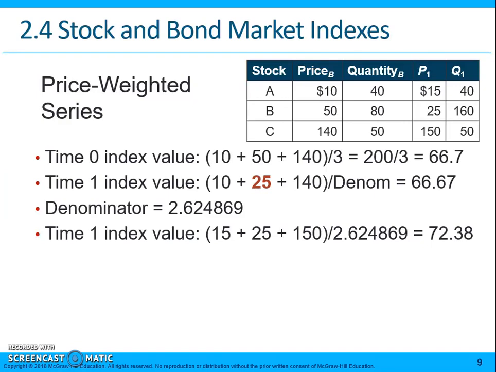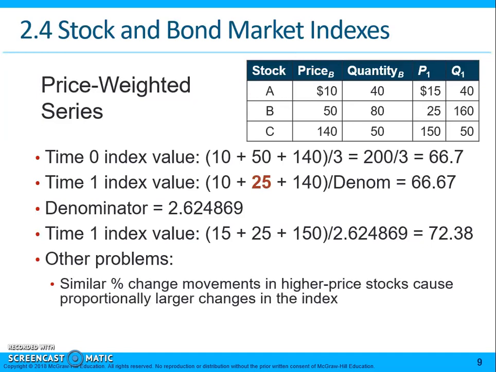These calculations are on your first homework, but there are problems with price-weighted indexes. If you have a higher price stock that goes up by a similar amount, that stock's change impacts the index much greater than the lower price stock does, because it's price weighted.